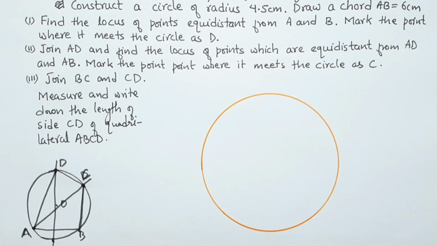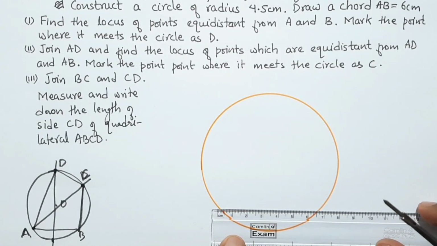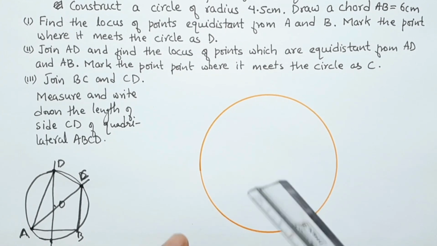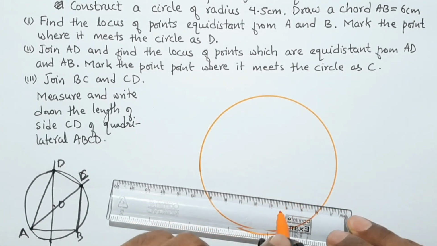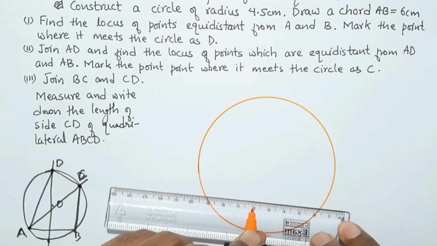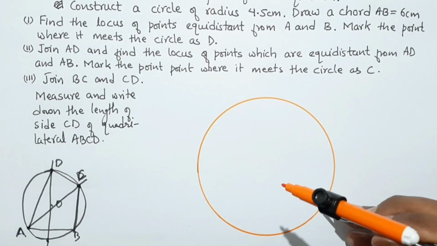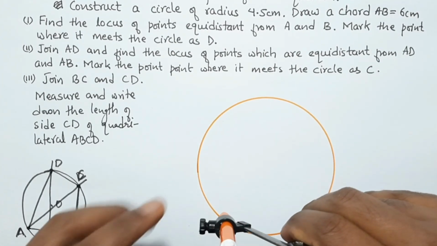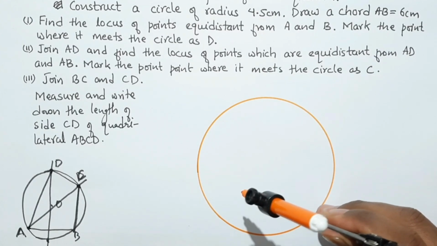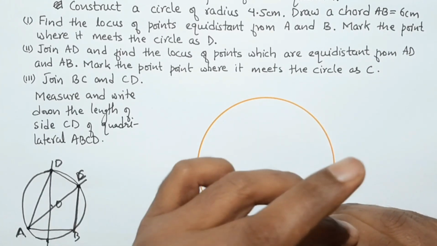So this is the first part. Now second, we have to draw a chord AB of 6 centimeter. You can directly use the scale to draw a chord, or we can first measure 6 centimeter here. Now we can use this point and cut here.